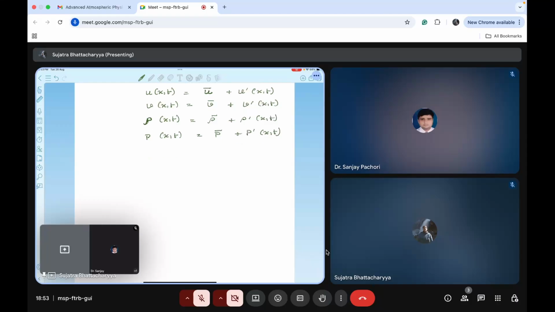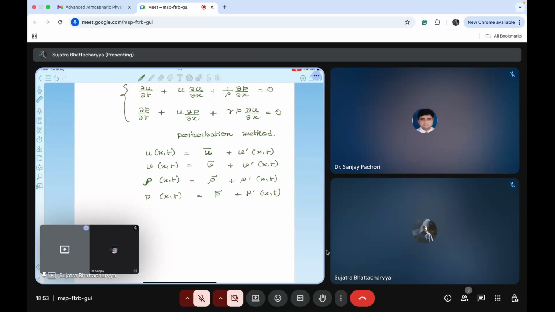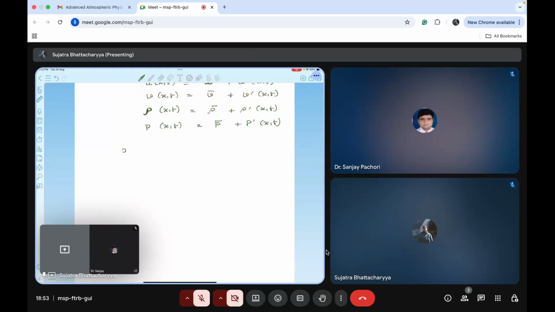Now we will apply the perturbation method to this equation. So let's do the first equation. Delta/delta t of (u bar plus u dash) plus (u bar plus u dash) delta/delta x of (u bar plus u dash) plus 1 by (rho bar plus rho dash) delta/delta x of (p bar plus p dash), which is equal to 0.